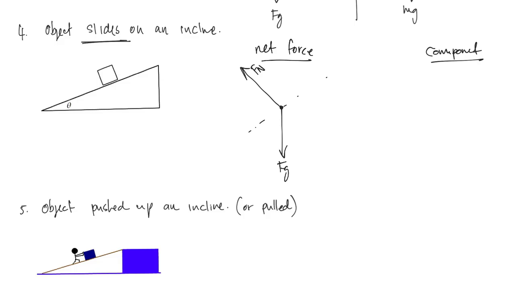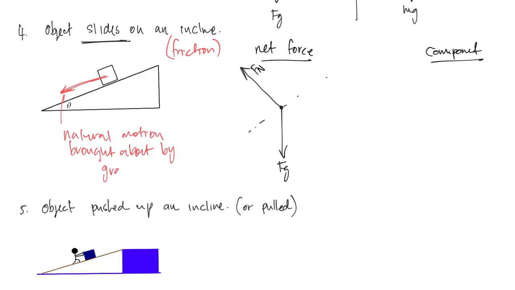Now, that's the only thing acting on the object. If the object had some sort of friction, so even though I know that this object's natural motion is to slide down, a natural motion brought about by gravity.